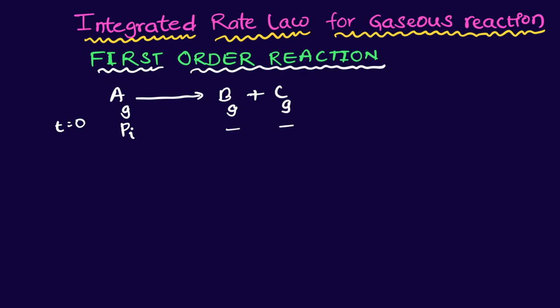or you can write 0. So P total at T equal to 0 is P initial plus 0 is equal to P initial.